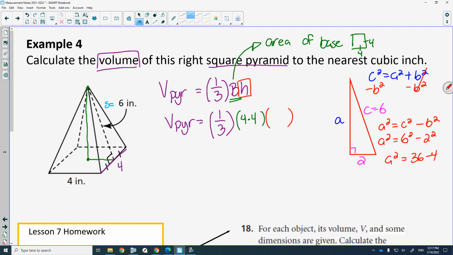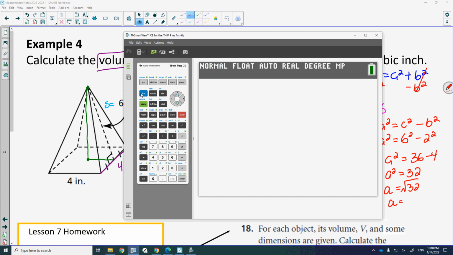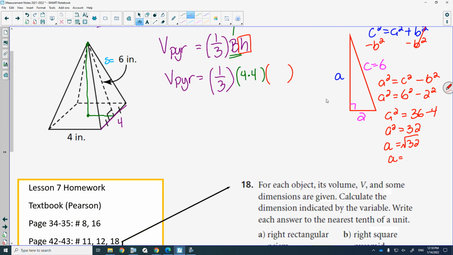And that's going to give you 32. Square root both sides, and you will have what A is. So the square root of 32 is 5.65. And remember, keep that answer.